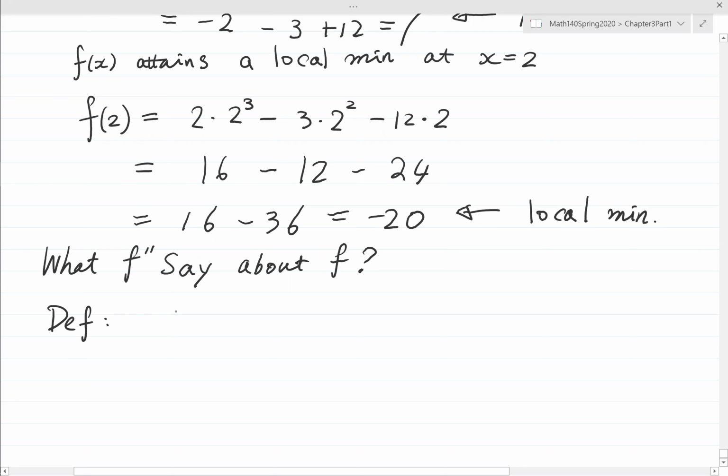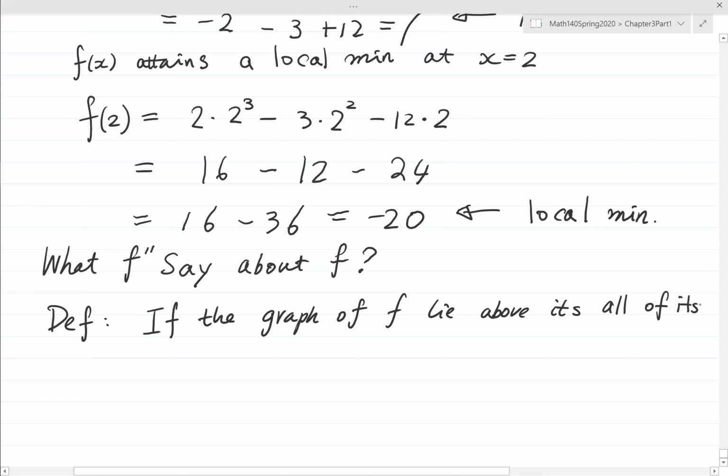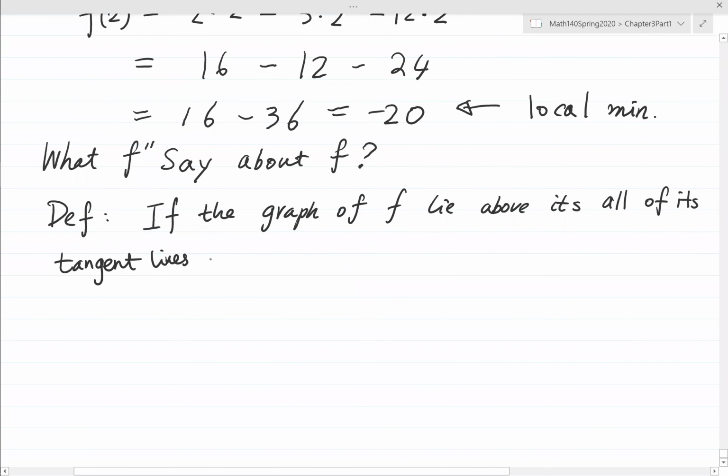If the graph of f lies above all of its tangent lines on an interval I, then we say f is called concave up, concave upward on I.